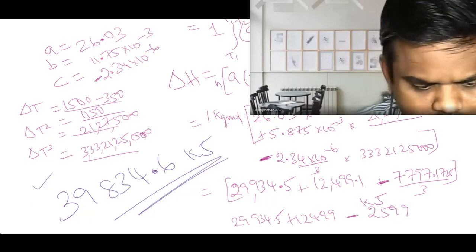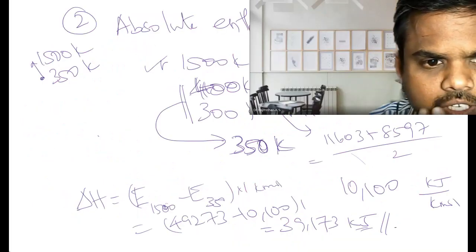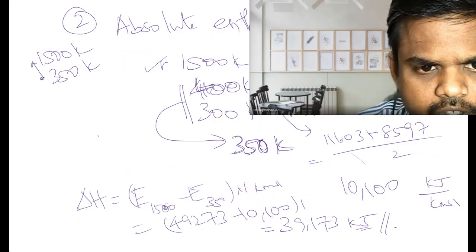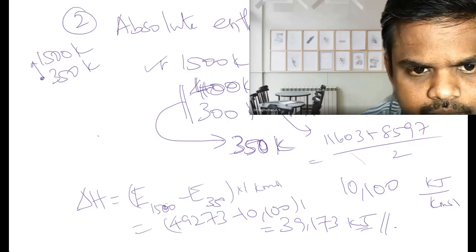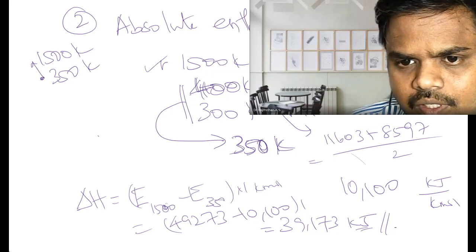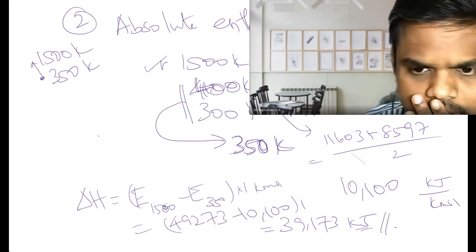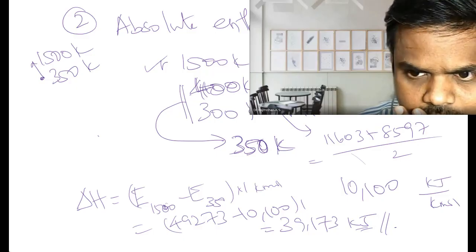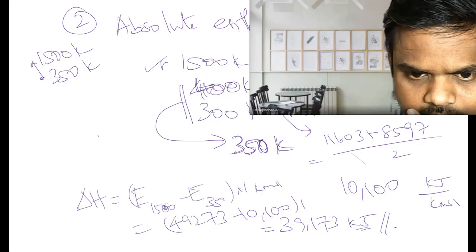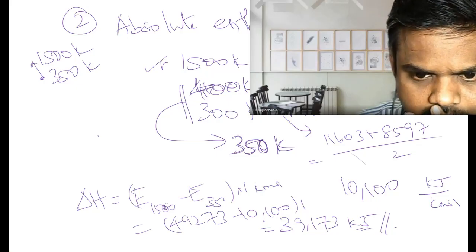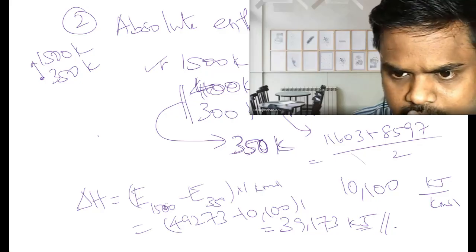We can solve the same if absolute enthalpy is given. For example, the second example, if absolute enthalpy is given: absolute enthalpy of oxygen at 1500 Kelvin is 49273, at 400 Kelvin is given as 8597, and at 300 Kelvin it is given as 11603.